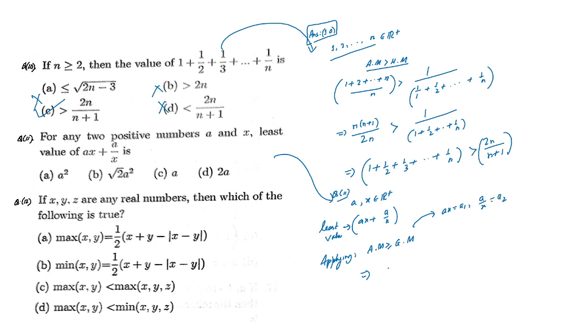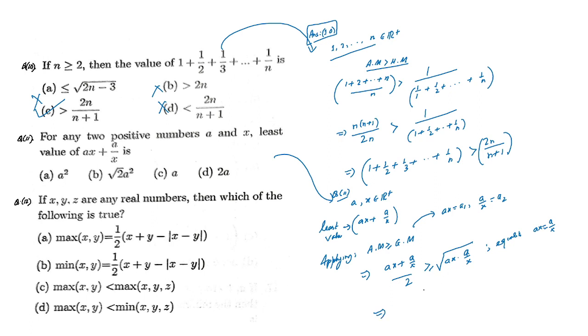So a1 plus a2 by 2, that is x plus a by x by 2, is greater than or equal to the square root of x multiplied by a by x. Arithmetic mean is greater than or equal to geometric mean. Equality holds when x equals a by x, when a1 equals a2.